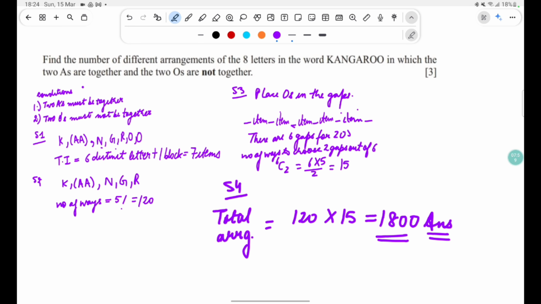There are a total of 6 gaps, and to choose 2 gaps out of 6 we have 6C2 ways, so it will be 6 into 5 over 2, that is 15 ways. So the total possible arrangements will be the number of ways to arrange those 5 letters, that is 120, times the number of ways to place the O's, that is 15. If I multiply both of them, it will be 1800.